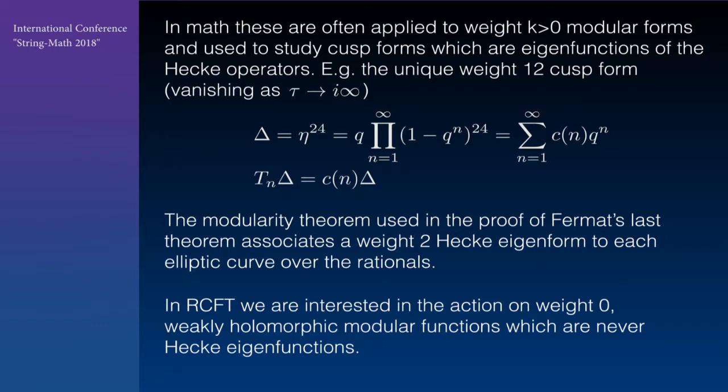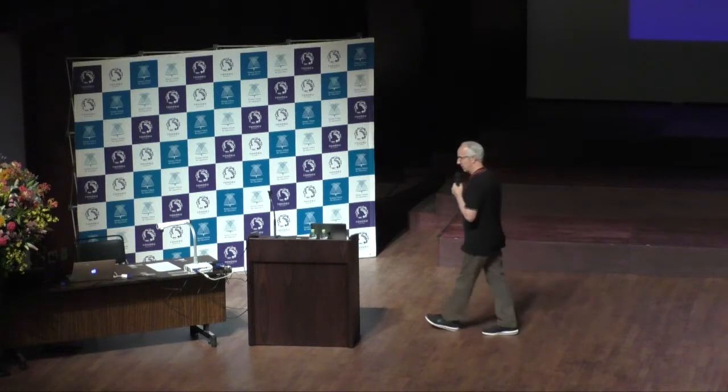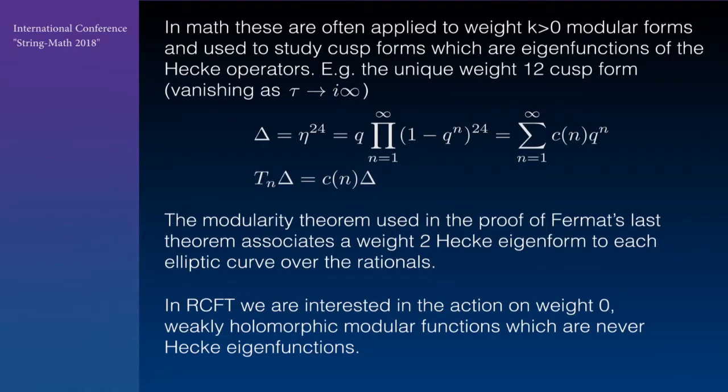So in rational conformal field theory, if we want to generalize Hecke operators, we have a little bit of a problem because they're not going to be Hecke eigenfunctions, and we also have vector-valued modular forms. There's some finite dimensional representation of the modular group. So we have to solve a few problems if we want to generalize these Hecke operators.